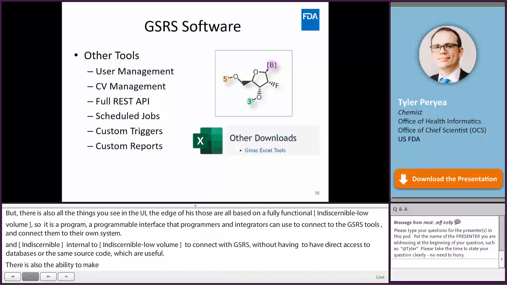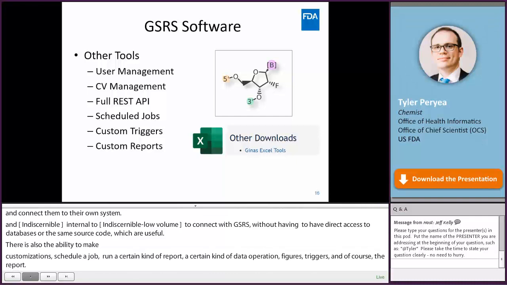But the other big thing to mention is that there are tools that use the REST API directly in order to do interesting bulk registration operations.